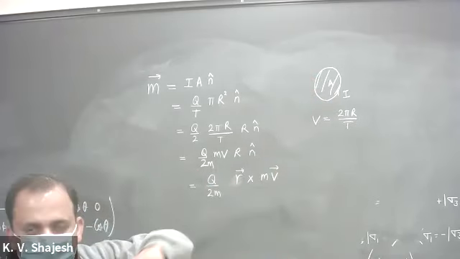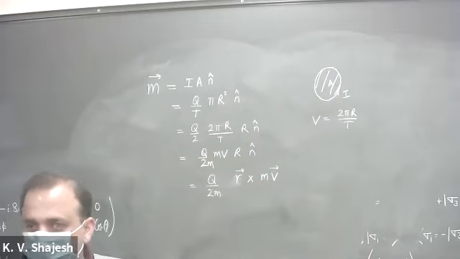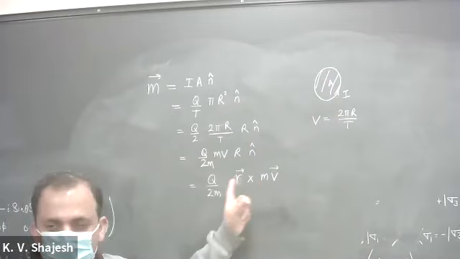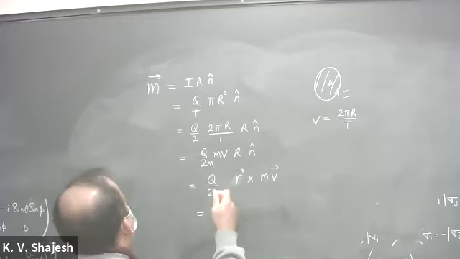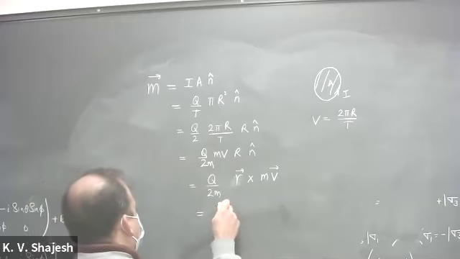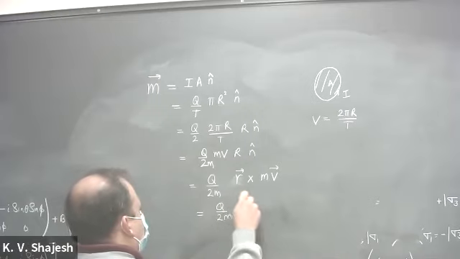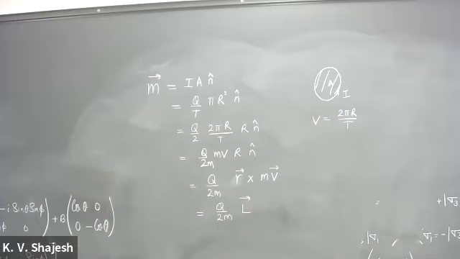Think of a single charged particle moving in a circle. That's angular momentum now, right? So magnetic moment is directly proportional to the angular momentum of the particle. That's a way to look at it.